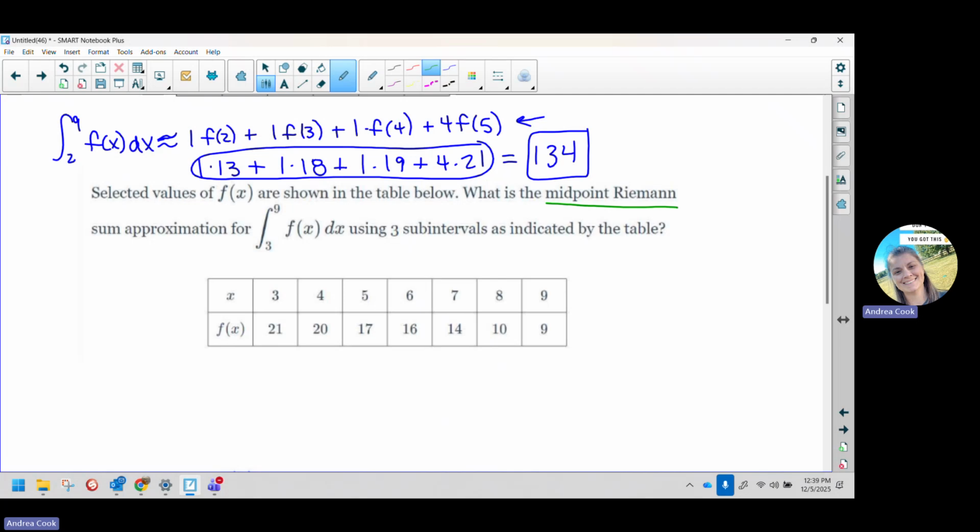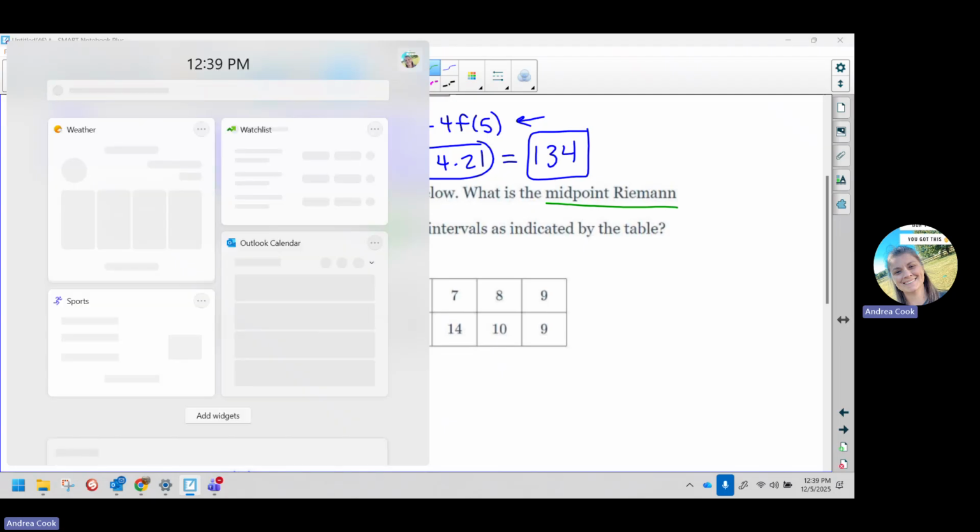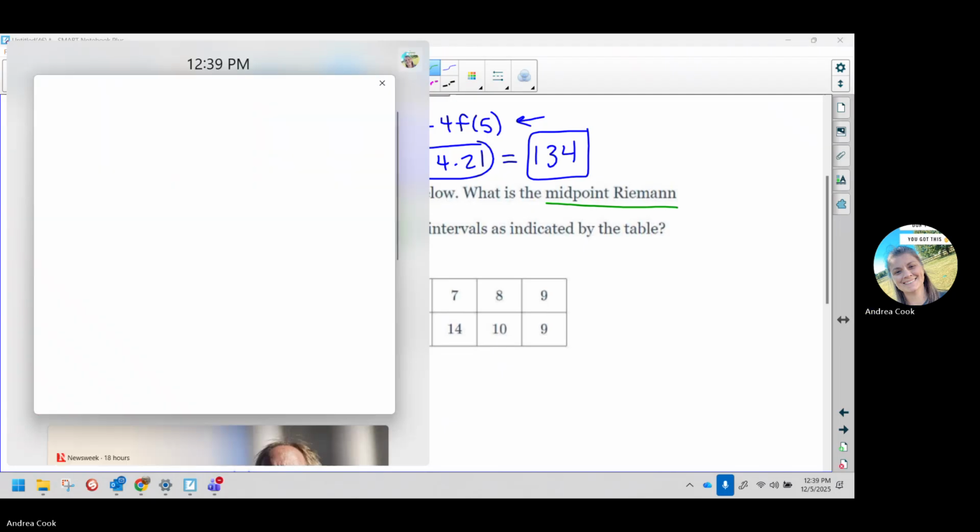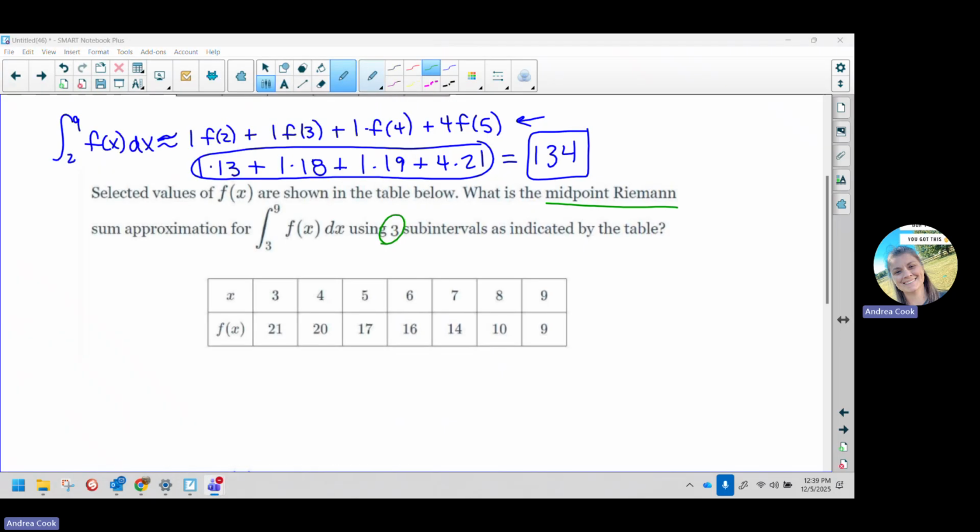All right, midpoint. So midpoint Riemann sums and 3 subintervals. With midpoint, it's the function.